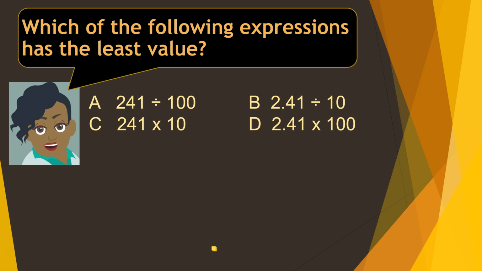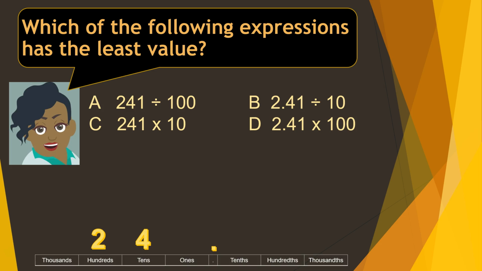Remember, when multiplied by 10, the digits move left one place, and when multiplied by 100, the digits move left 2 places because 100 is 10 times 10. Likewise, when the digits are divided by 10, they move right one place, and when they're divided by 100, they move right 2 places. So let's find the value of each answer choice so we know which has the least value.